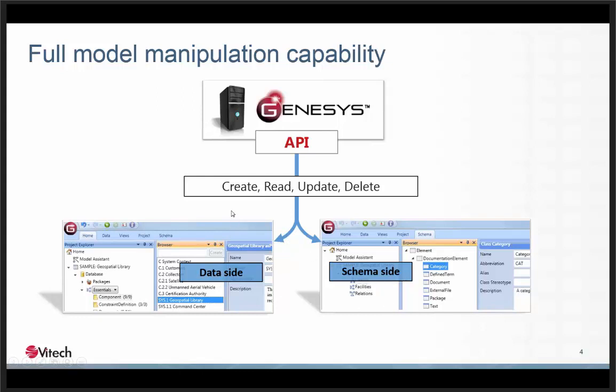So you can get as dangerous as you want here. You have full create, read, update, delete abilities against all the data in your projects, and you can bounce up to the schema side of your projects and work with those as well. So it's kind of simple. API is fundamentally built into the architecture, and it provides full create, read, update, delete capabilities for all parts of your models.